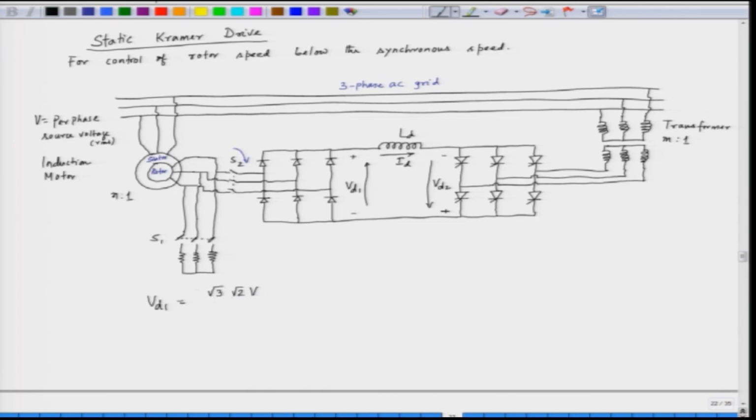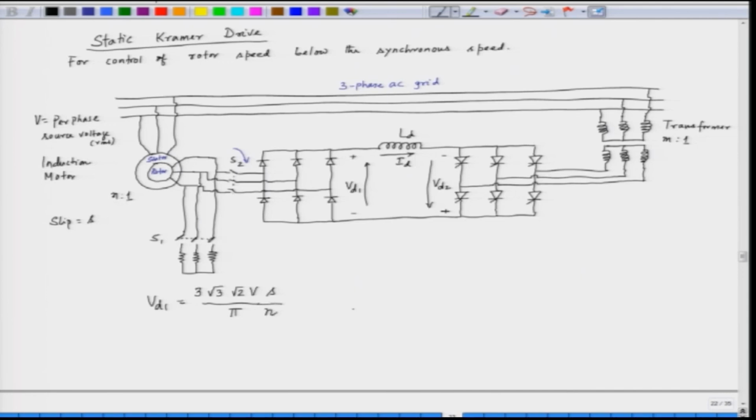Since the rotor is running with slip s, the output is multiplied by s, ignoring the drops, and divided by the turns ratio n.